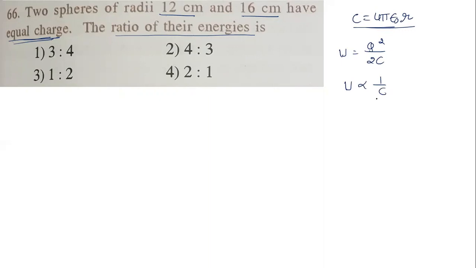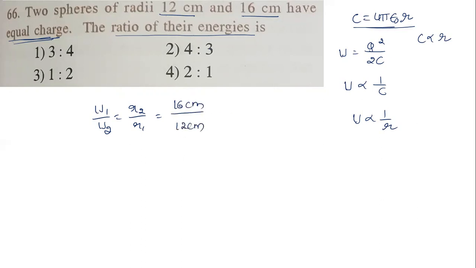Because charge remains constant, U is proportional to 1 by C, and C is proportional to R, so U is proportional to 1 by R. Now U1 by U2 equals R2 by R1, since they are inversely proportional. R2 is 16 centimeter, R1 is 12 centimeter.